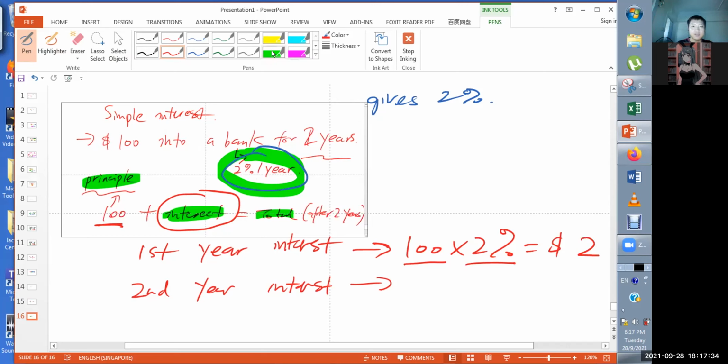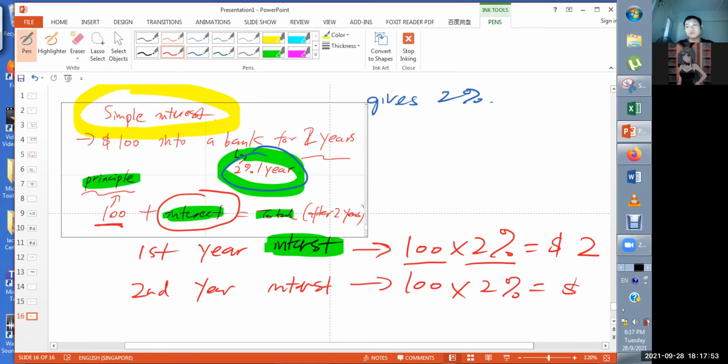Second year. Because we are talking about simple interest here, your second year you still times the 100. So it's another $2.